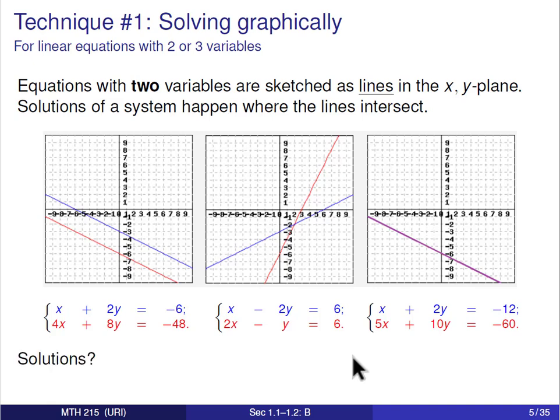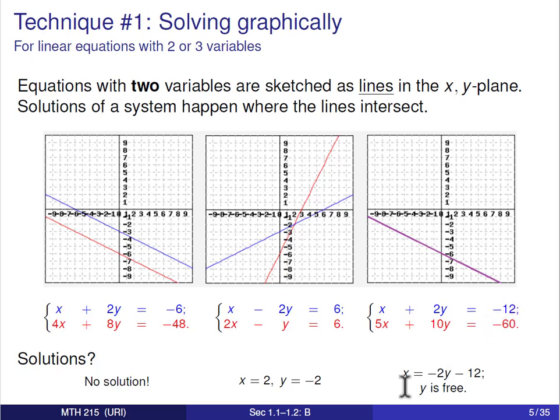Now, like we've said, you can sort of tell from the pictures what these solutions are. I'll just mention here in passing that in the last system, we have infinitely many solutions, which is not to say that any x and any y will make these equations true. The x and the y do have to be carefully chosen.